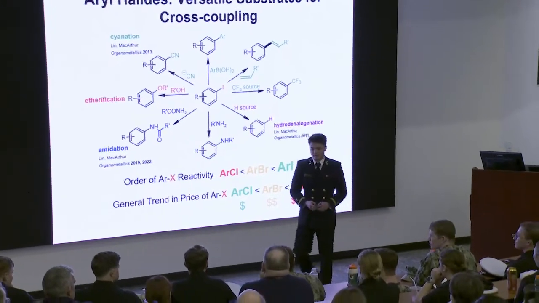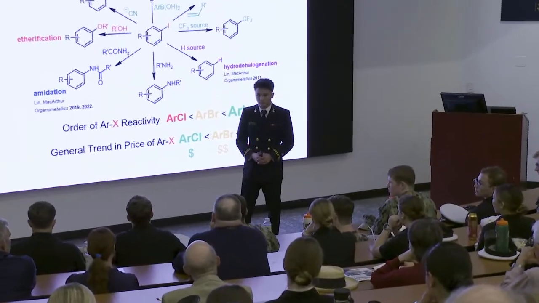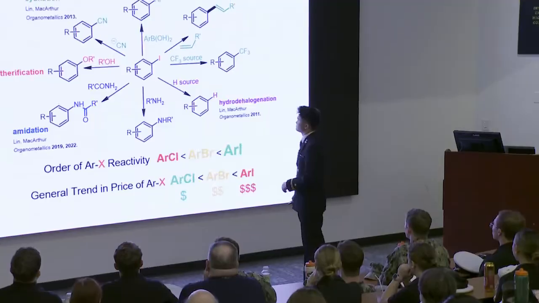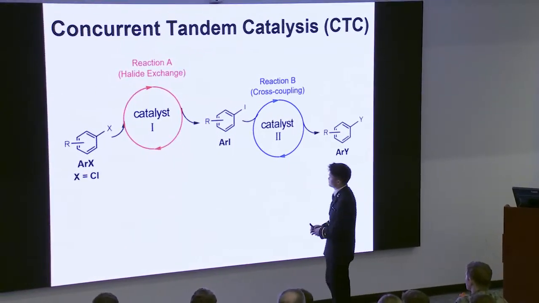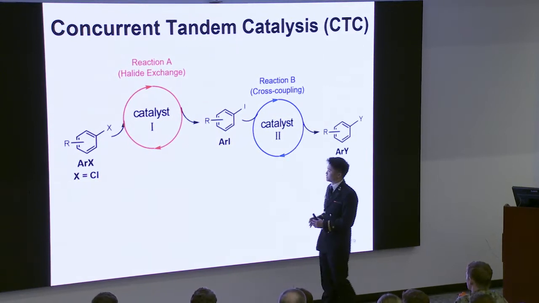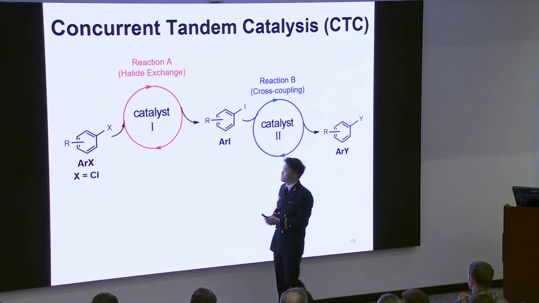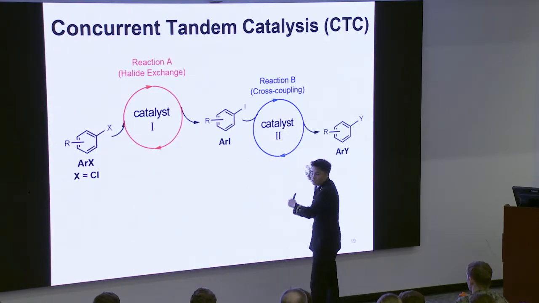Yeah, Finn. Can you briefly explain why you started with the second reaction and then worked backwards to the first? Yeah, absolutely. So the reason that I started with the second reaction first is because the presence of reaction B can be a driving force for reaction A, right? So essentially, it helps the reaction go towards the right and towards the product formation, right?